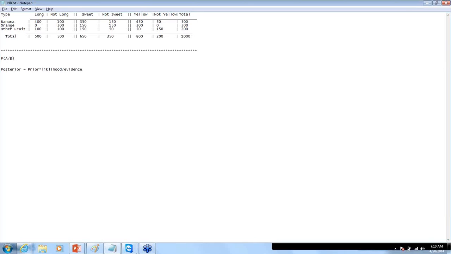This is how the Bayes theorem defines things in simple English.